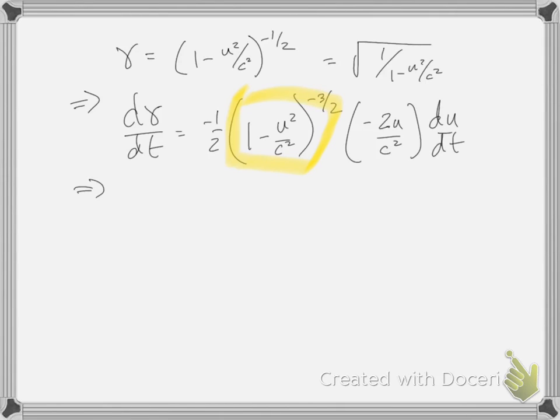So therefore, d gamma dt is equal to, let's multiply some of these things out. We've got the minus 1/2 times minus 2u over c squared.